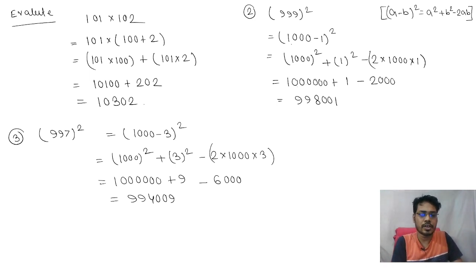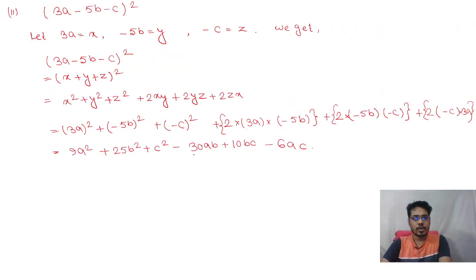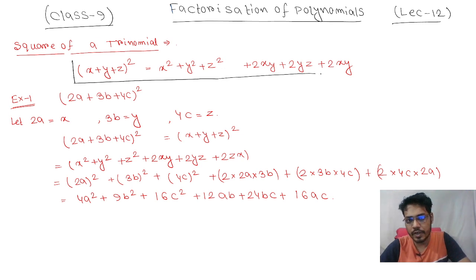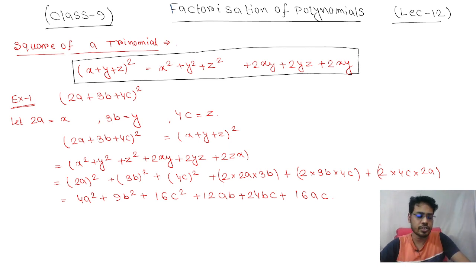So now coming to the revision section, what we learned in today's session. Today's session we learn about the most important thing, that is the square of a trinomial. If trinomials are there and you have to find the square of it, there is a formula, that is x plus y plus z. These three terms are there.